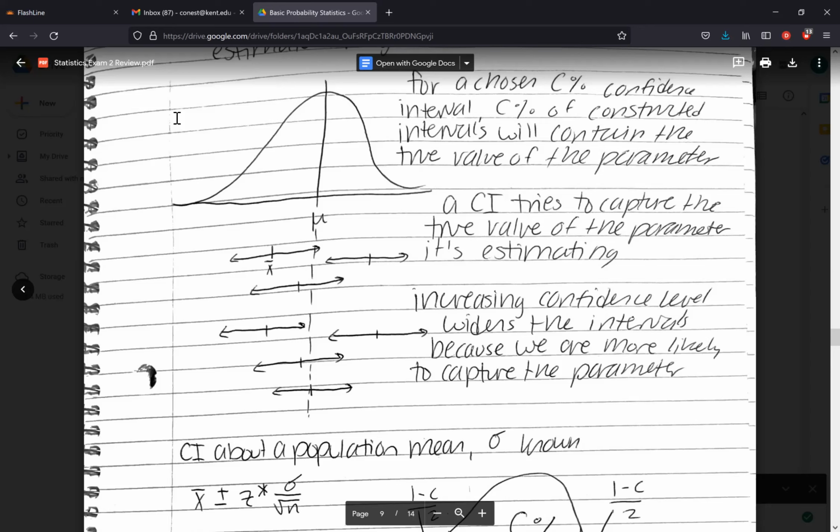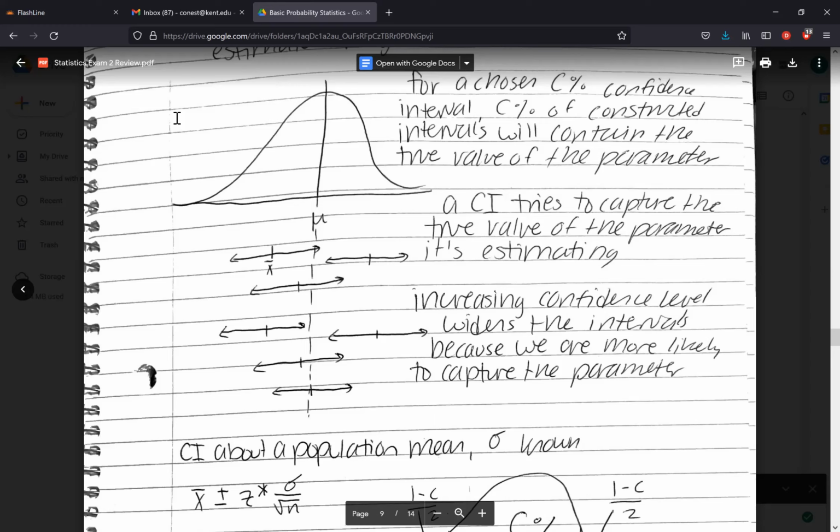And if we had a 95% confidence interval, if we constructed 100 confidence intervals, 95 of them would contain the true value of mu, and 5 of the confidence intervals would miss the true value of mu.